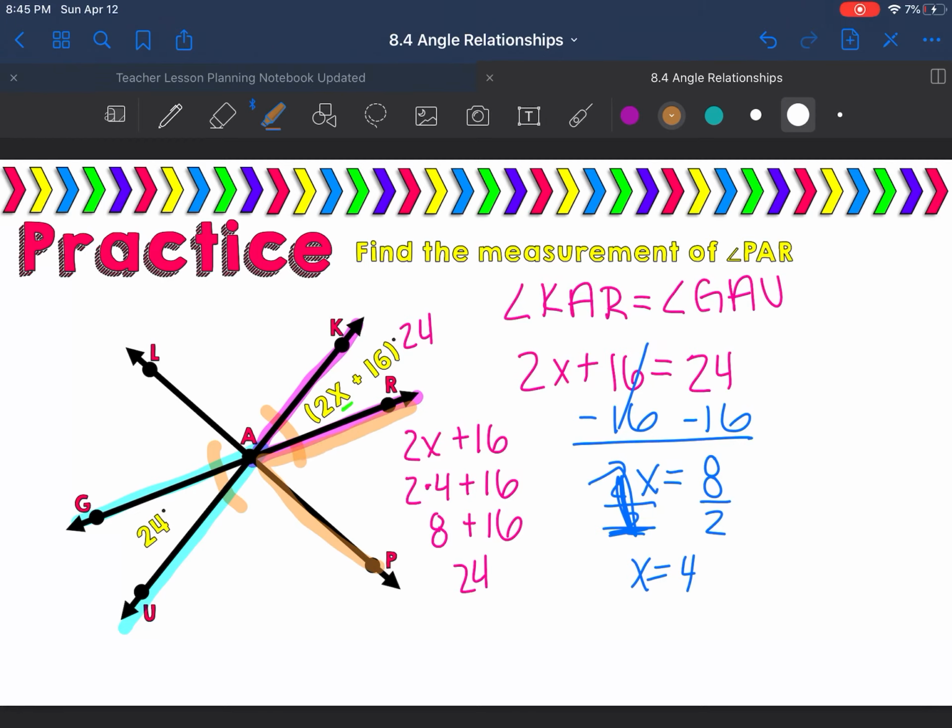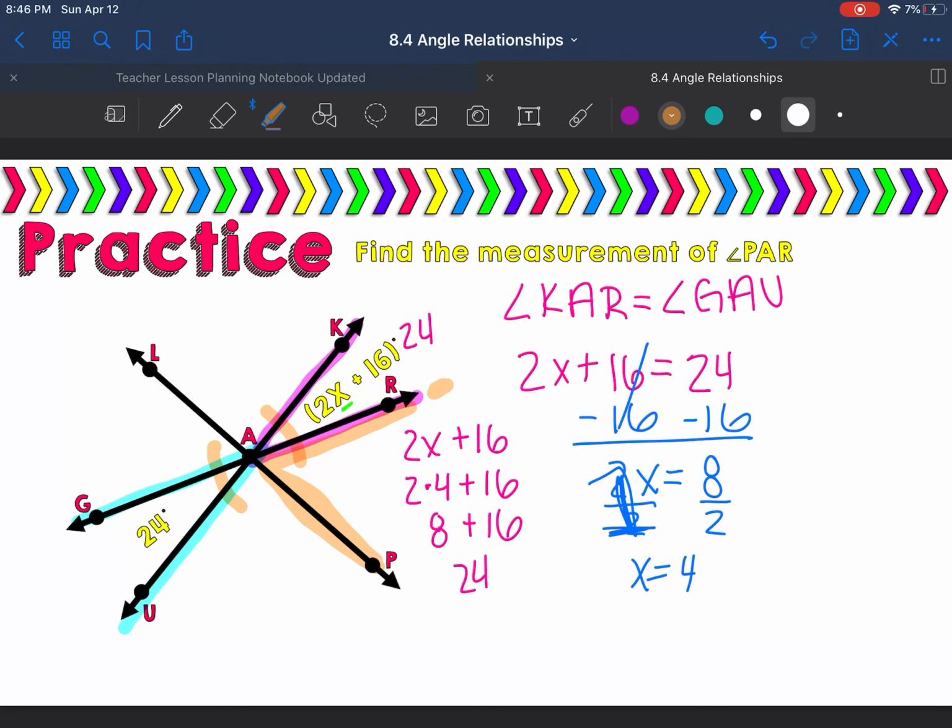Now, my problem wants to know, what is angle PAR? So I want to look at the adjacent angle of angle PAR and KAR. And the adjacent angle is this line right here, R. So that tells me that KAR and PAR are what type of angles?